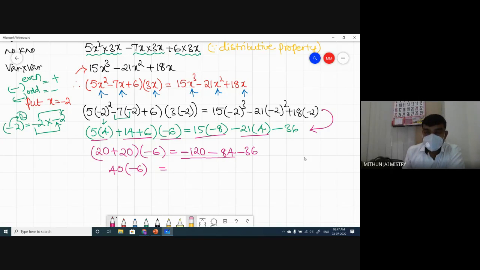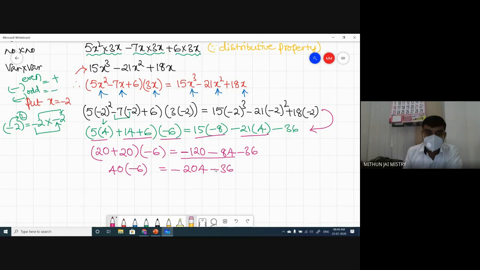And if you get opposite sign, then we will be doing subtraction. Both are minus and minus here. So minus 120 minus 84, I think it's minus 204 when you add. Minus, because the bigger here is 120 and it is having minus symbol. So that's the reason why we put again minus. So this underlined thing, minus 120 minus 84, we got minus 204 and still we have minus 36.